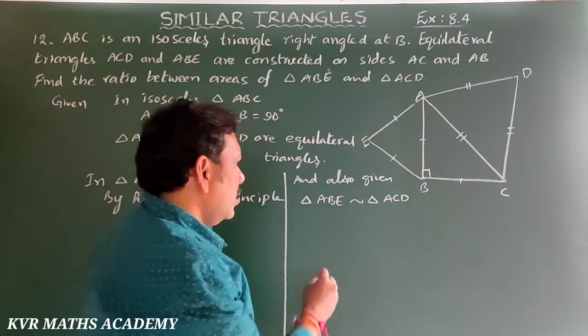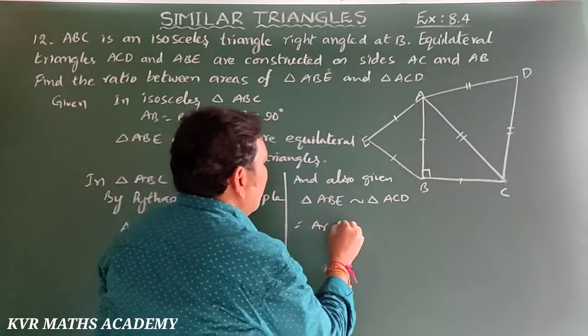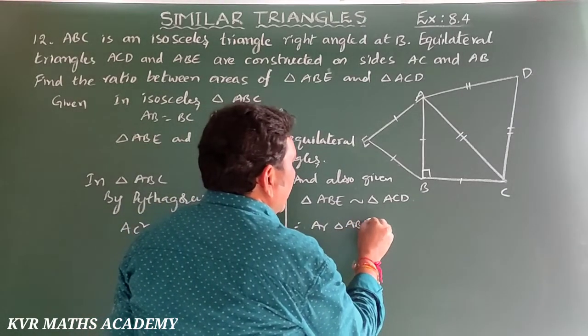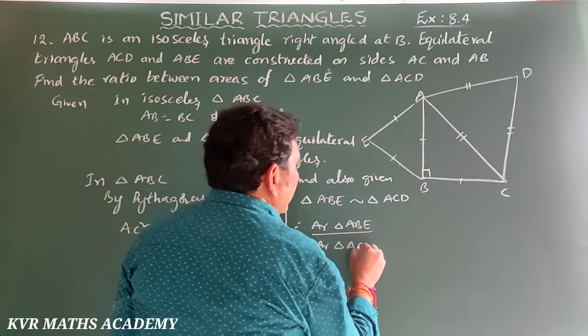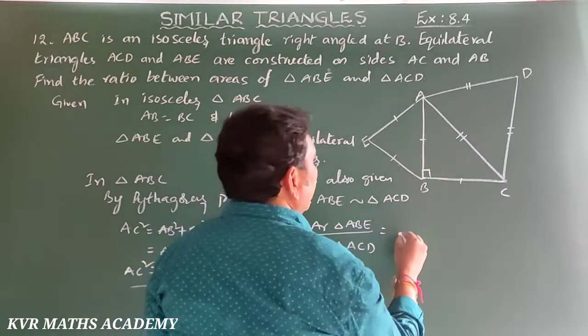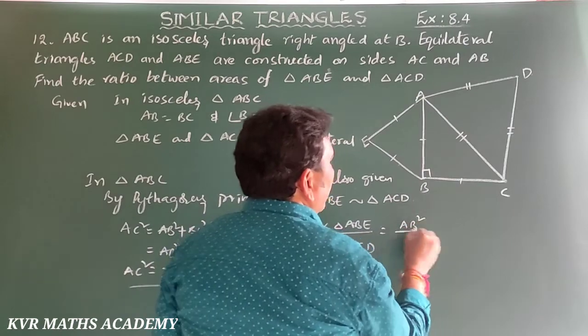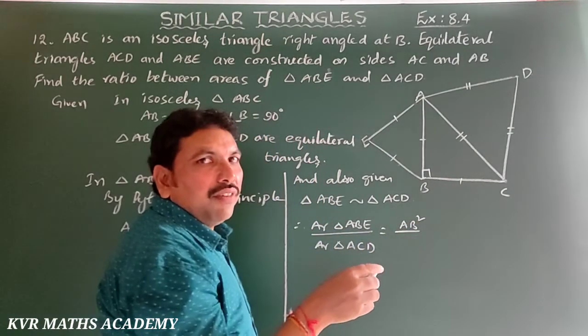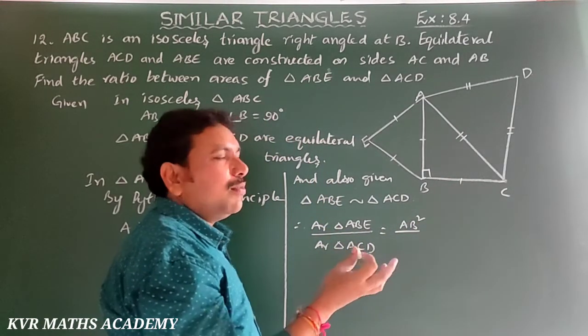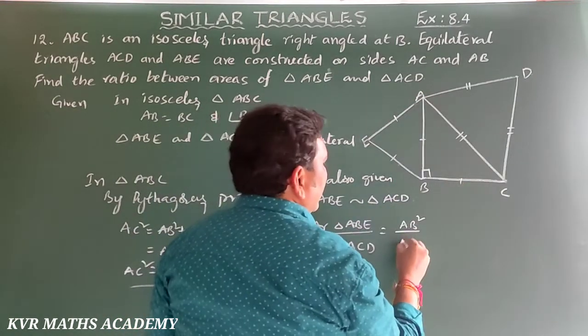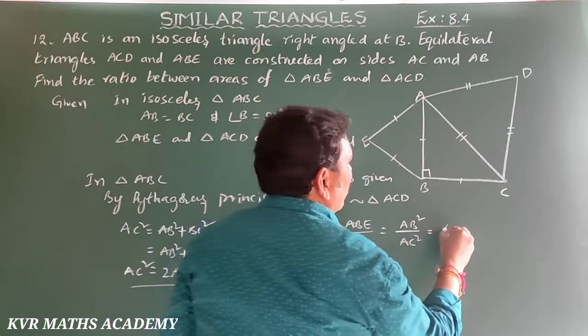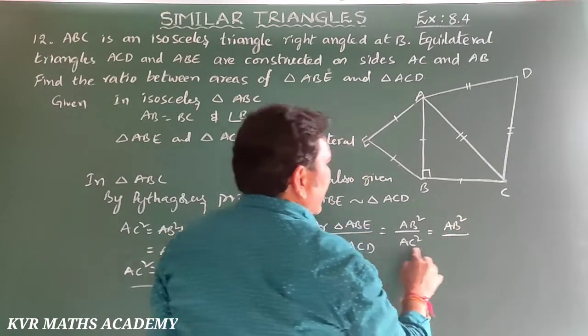So therefore, area of triangle ABE by area of triangle ACD is equal to the ratio of the squares of corresponding sides, that is AB square by AC square.